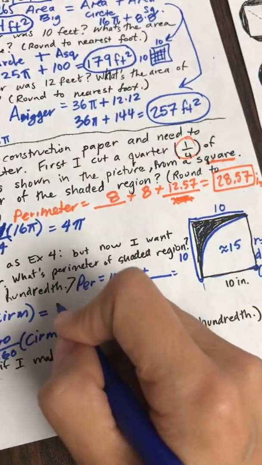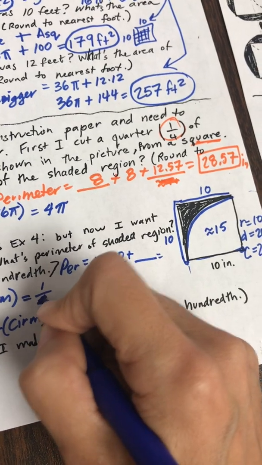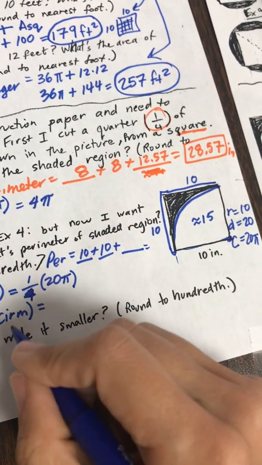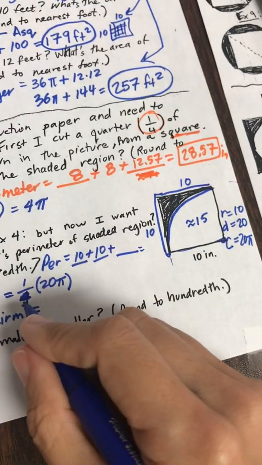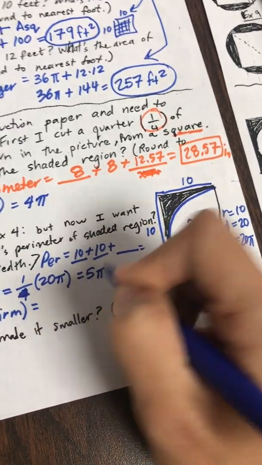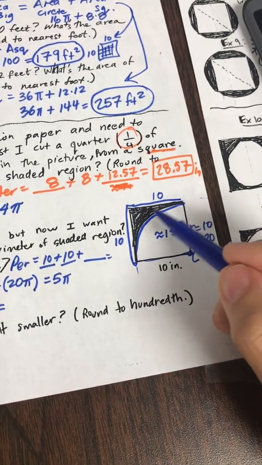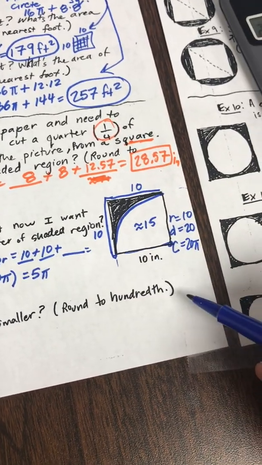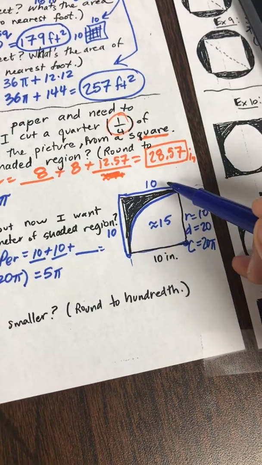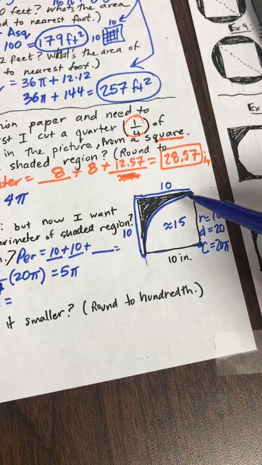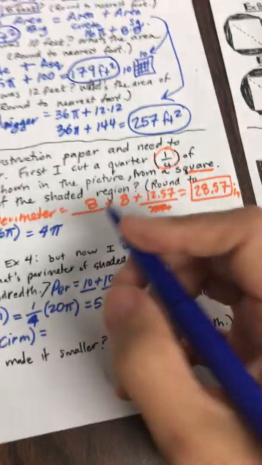So we found our circumference was 20 pi. So either way you do it, 20 divided by 4 is 5 pi, and that should make sense. If the whole circumference is 20 pi, that's 5 pi, another 5 pi, another 5 pi, another 5 pi. So 5, 10, 15, 20 pi. All the way around, we only want a quarter of it.